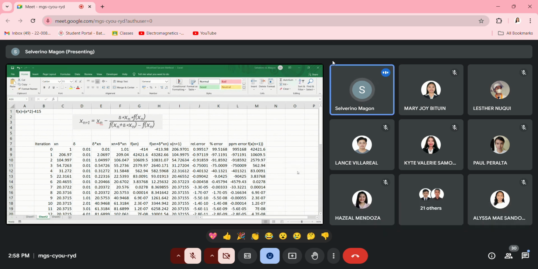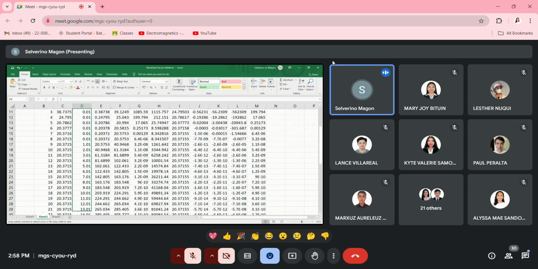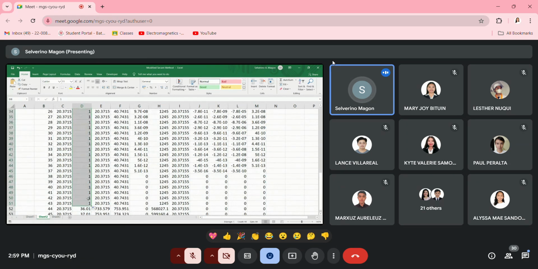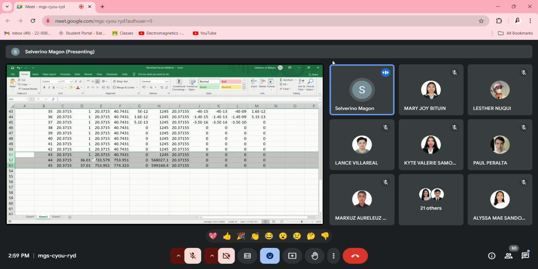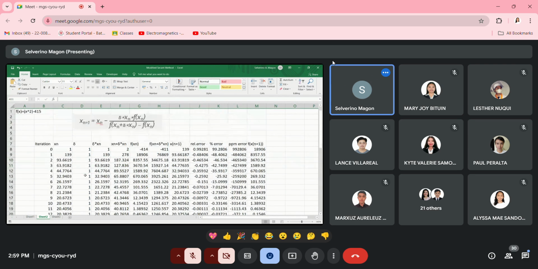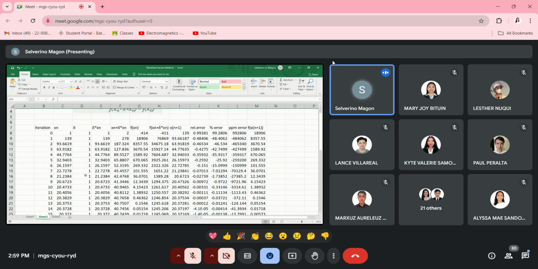Yes. Please proceed. Sir, for the delta, is it always 0.01? That's the usual in the textbooks, no. But if you want to experiment, this should be a small value. So let's say 1. In some cases, it did not affect the rates of convergence when I tried 0.1, no?